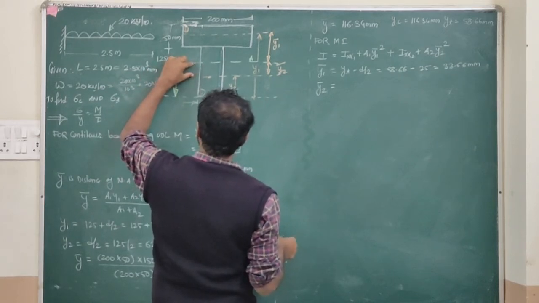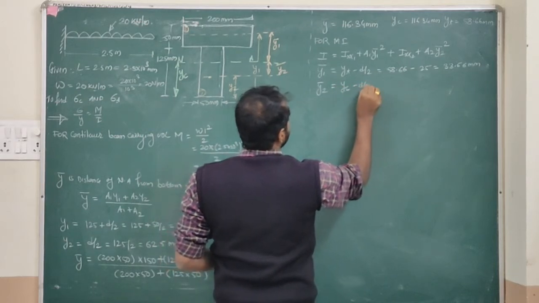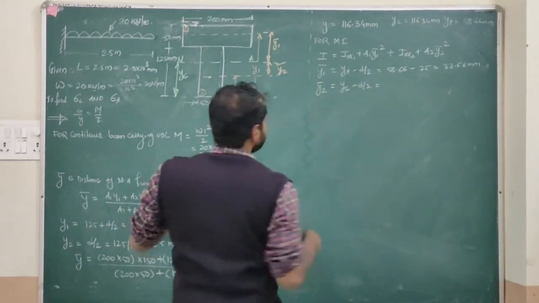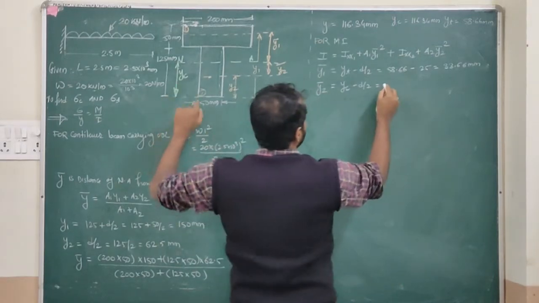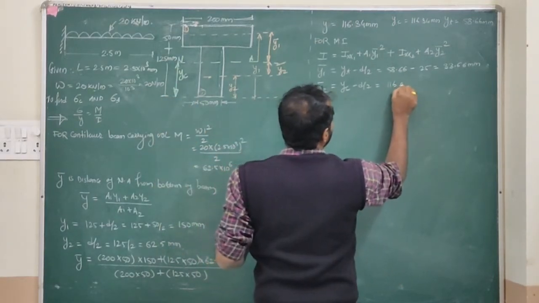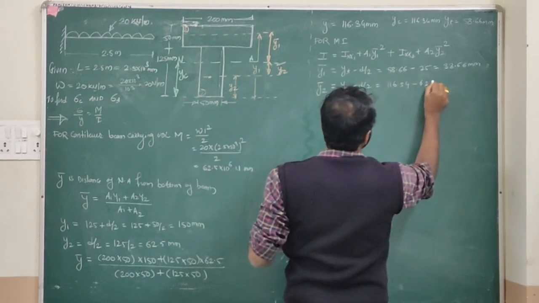And y2 bar, for this case, this is the YC, and we require this particular distance, so it is YC minus d by 2. The value of YC is 116.34 minus d by 2, and d by 2 means 62.5.